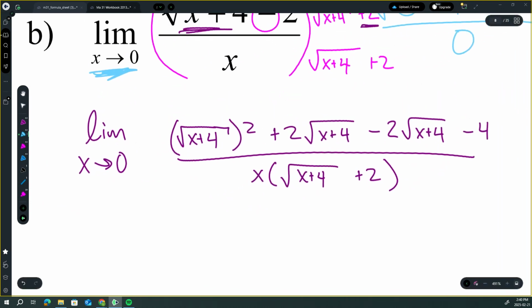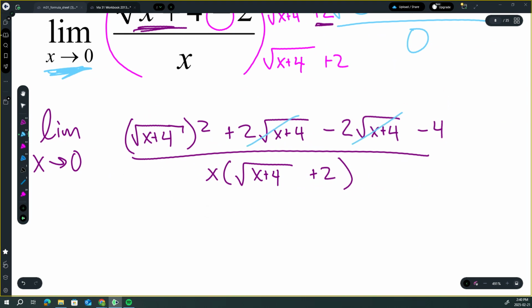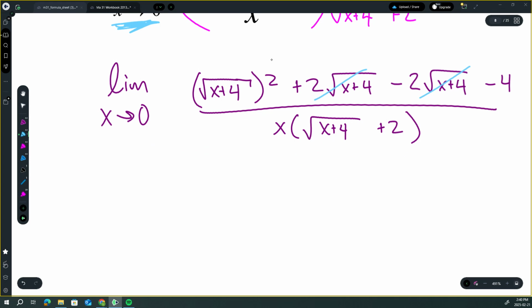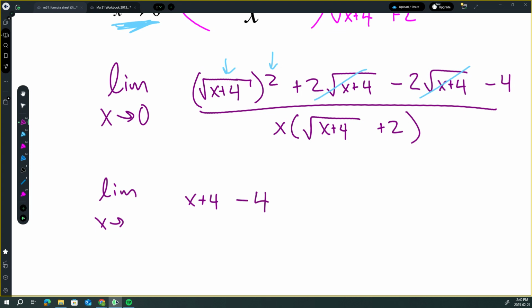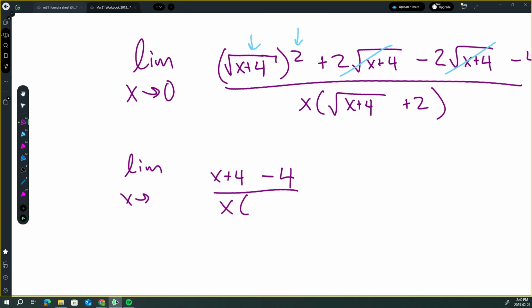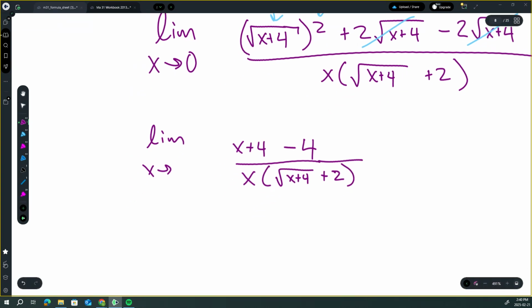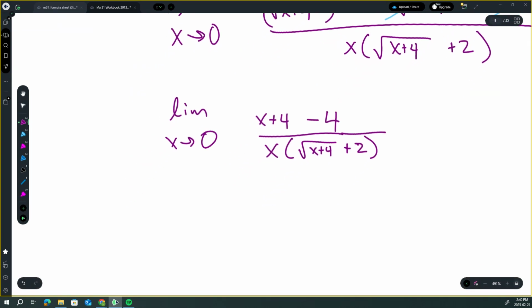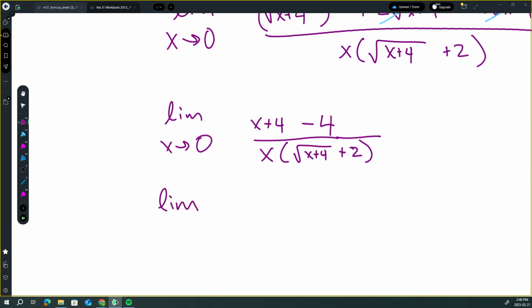Okay, so in the numerator, these two cancel out. The square and the square root cancel each other out. So the limit as x approaches 0 is going to be x plus 4 minus 4 divided by x times the square root of x plus 4 plus 2. Okay, so positive 4, subtract 4.